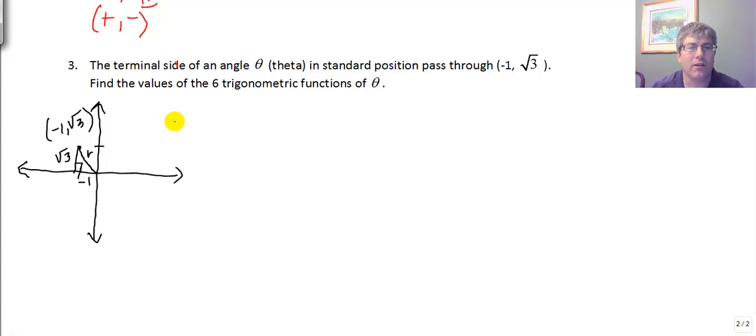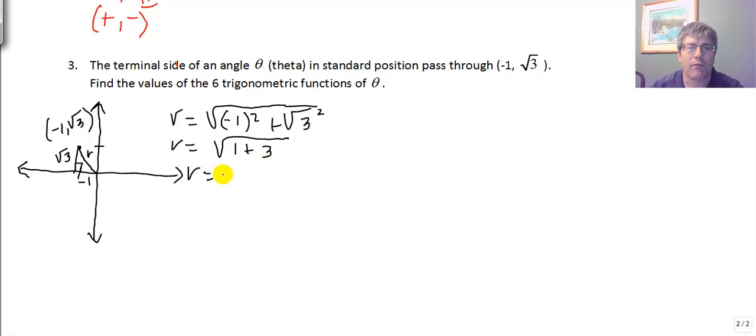So we can calculate r. R is equal to our x squared, which is -1 squared, plus the square root of 3 squared. So we simplify. We get 1 plus 3. So r equals the square root of 4.